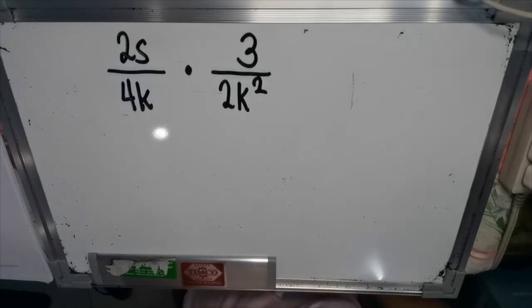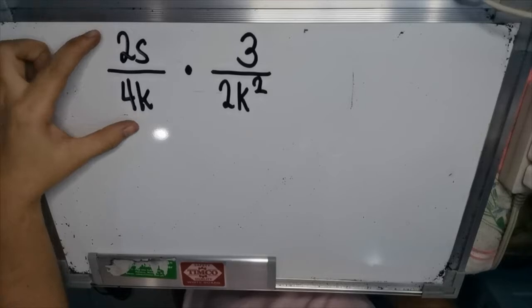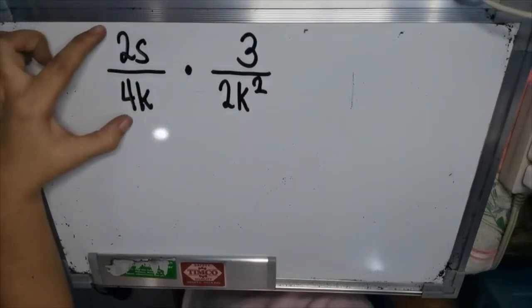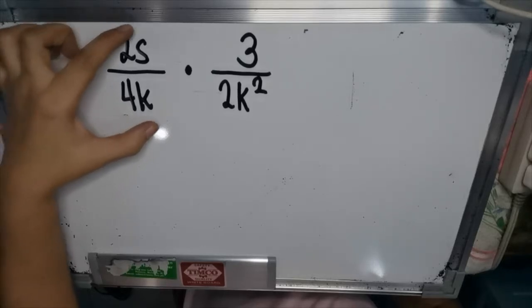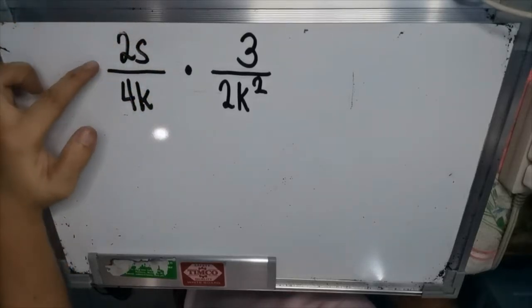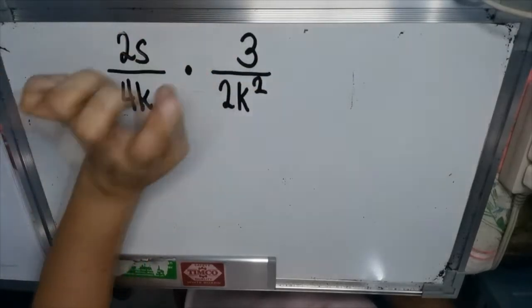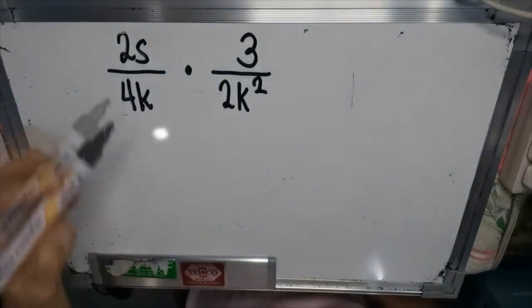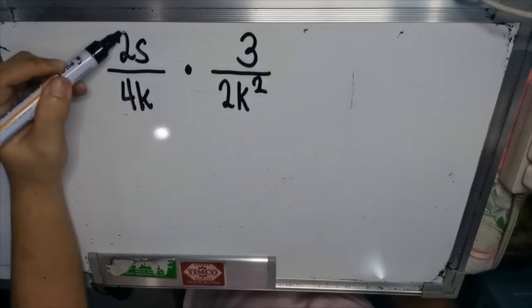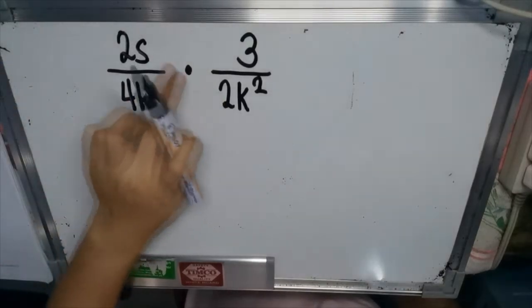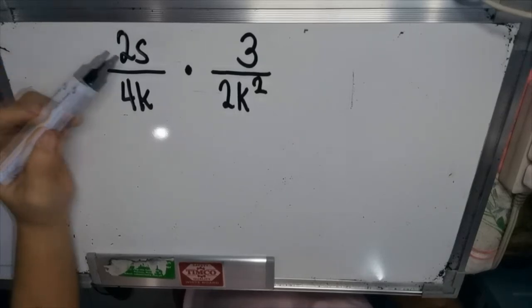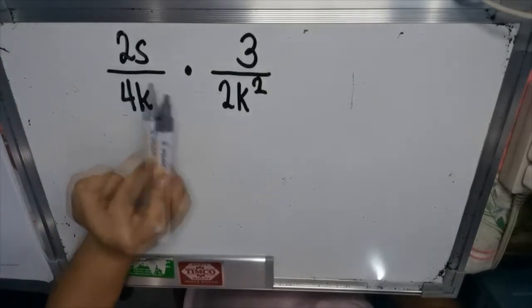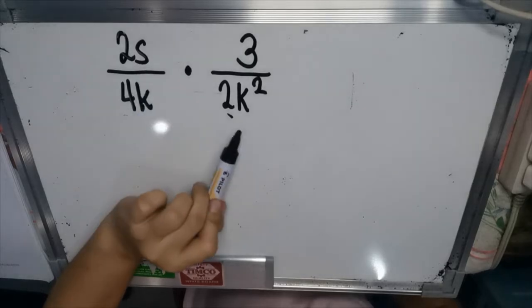Pwedeng simulan nyo muna sa sarili-sarili niyang fraction, di ba? Pwede nyo simulan sa kanya-kanyang rational algebraic expression. Pwedeng dito muna tayo mag-simplify kung meron. Since itong 2, pwede naman tayo mag-cross, mag-simplify dun sa numerator and then denominator nung kabila.